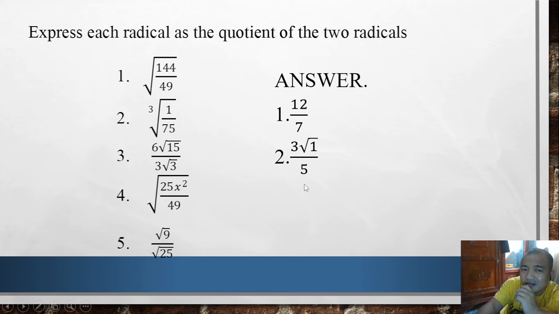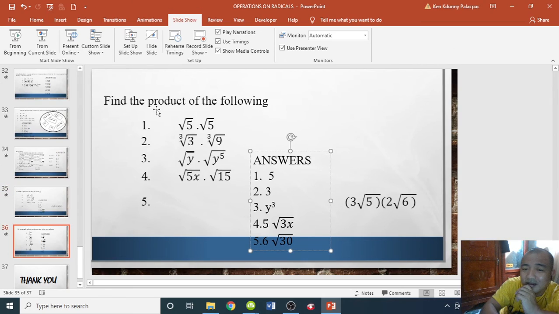Okay. Number 3, 6 divided by 3 is 2. Then 15 divided by 3 is square root of 5. Square root of 15 divided by 3 is 2 square root of 3. 2 square root of 5 it should be, no?